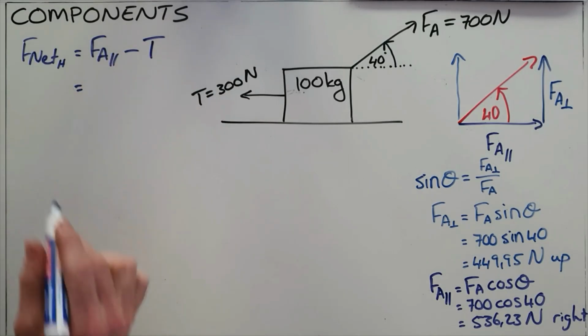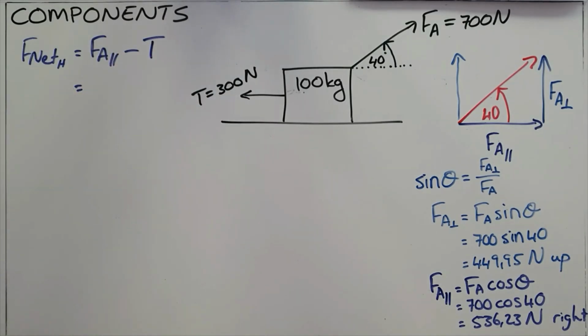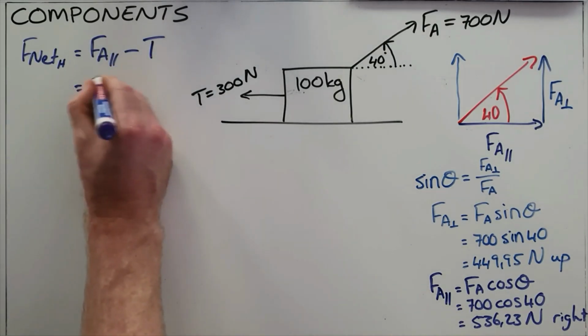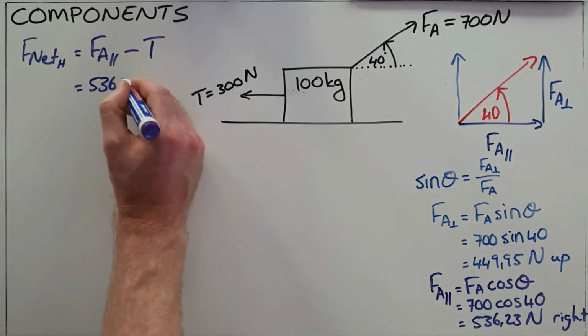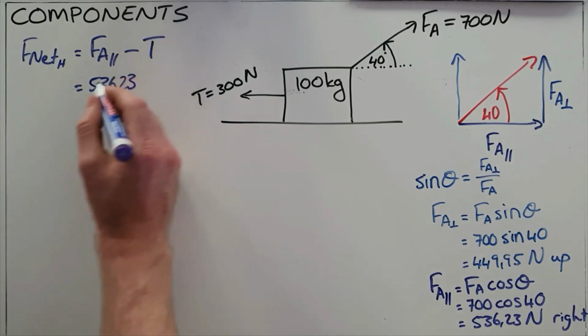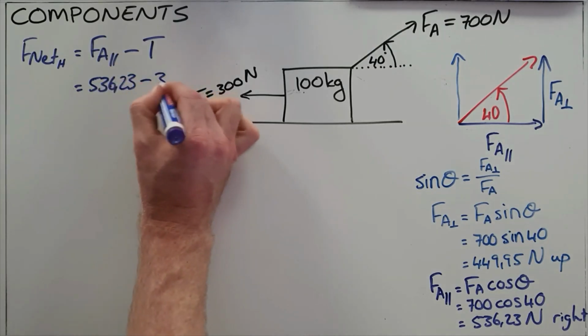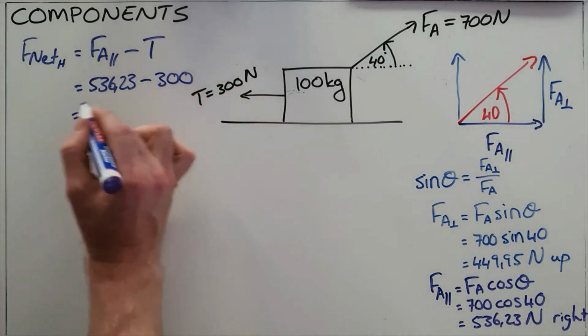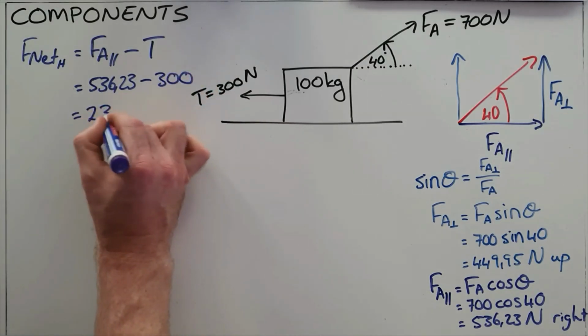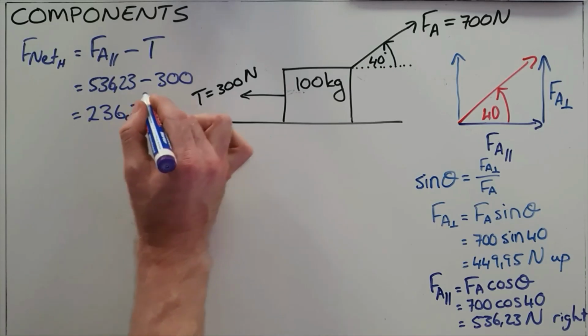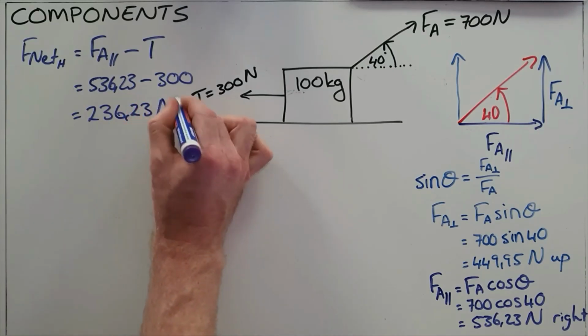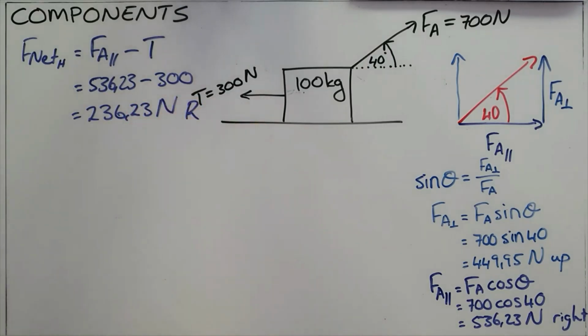We can calculate the net horizontal force: 536.23 newtons acting to the right minus the 300 newtons acting to the left. So there is a net force of 236.23 newtons acting towards the right.